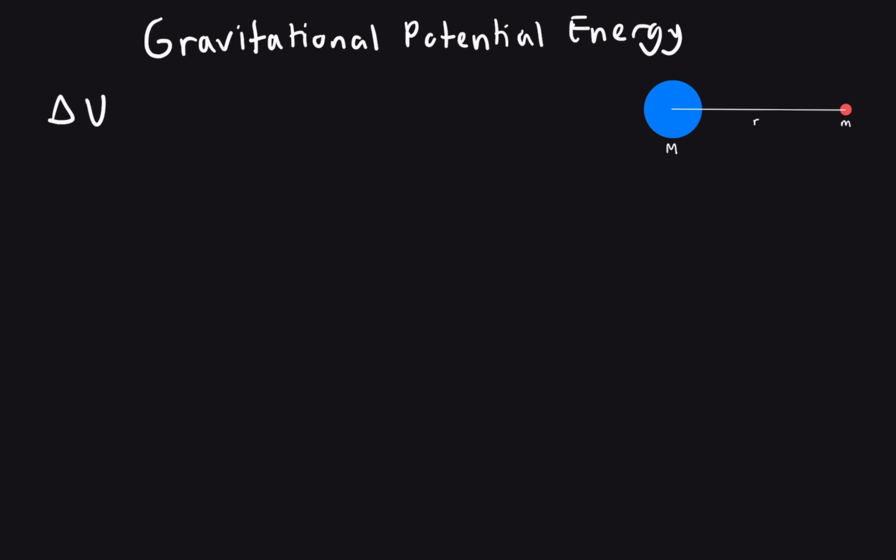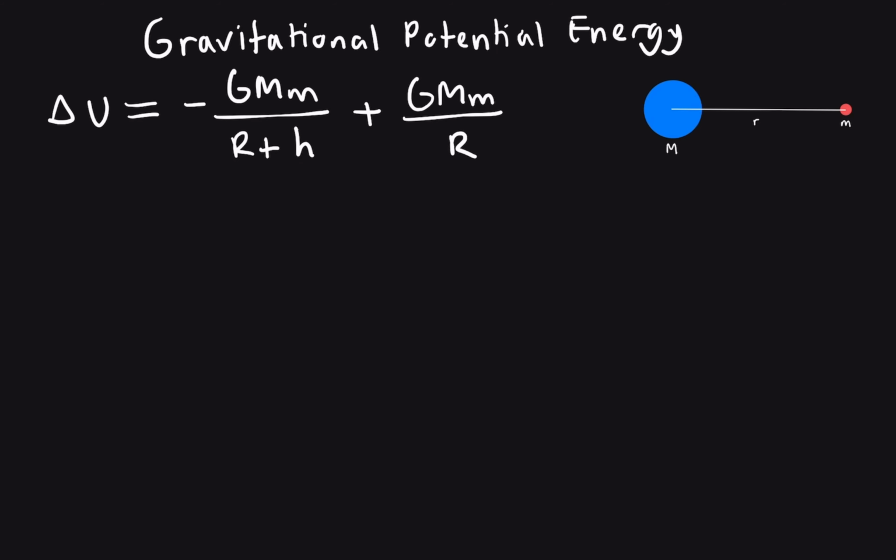So if you put that into our formula, delta U, which is the potential energy difference, is equal to, it looks something like that. So we have the higher gravitational potential energy at our height h above the Earth's surface, and then we have the potential energy at the Earth's surface.